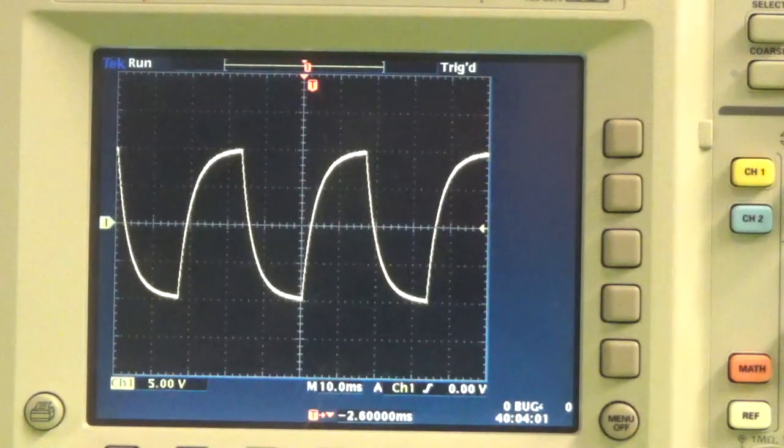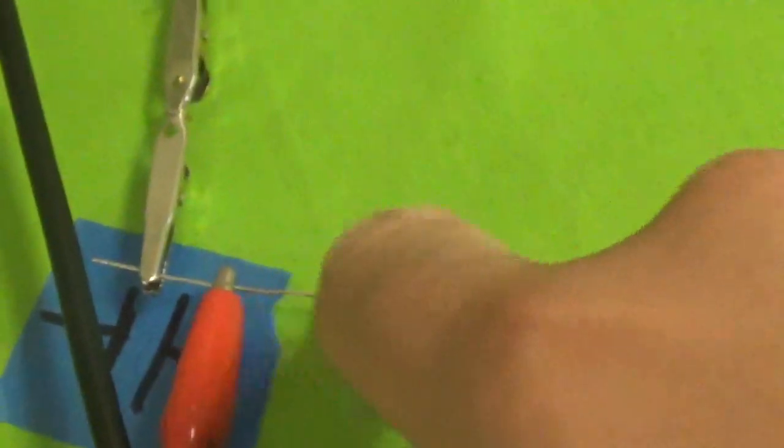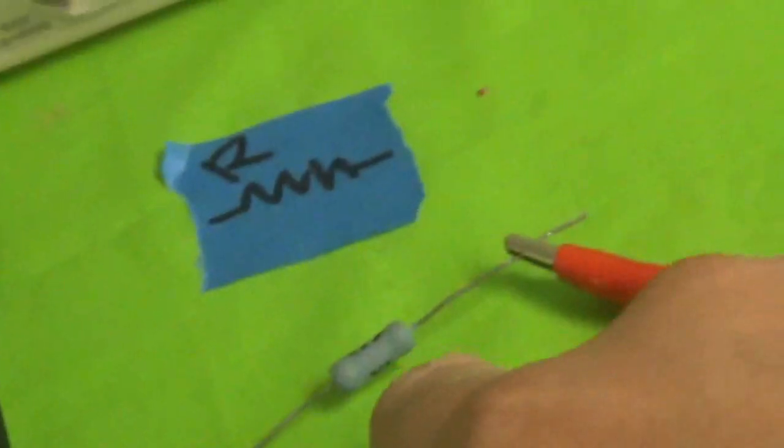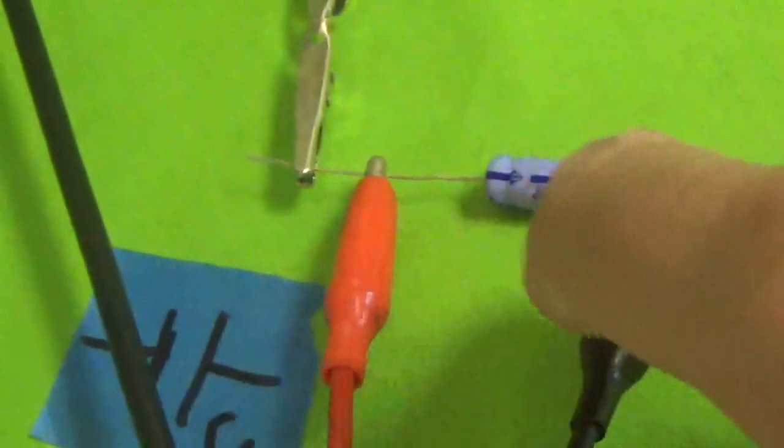I will show you that. Maybe I can move the camera and show you what I'm doing here. I'm measuring the voltage across the capacitor, and this is the resistance right here. So the resistance is right here, and this is the capacitor, and we are measuring the voltage across the capacitor. Let's go back now.